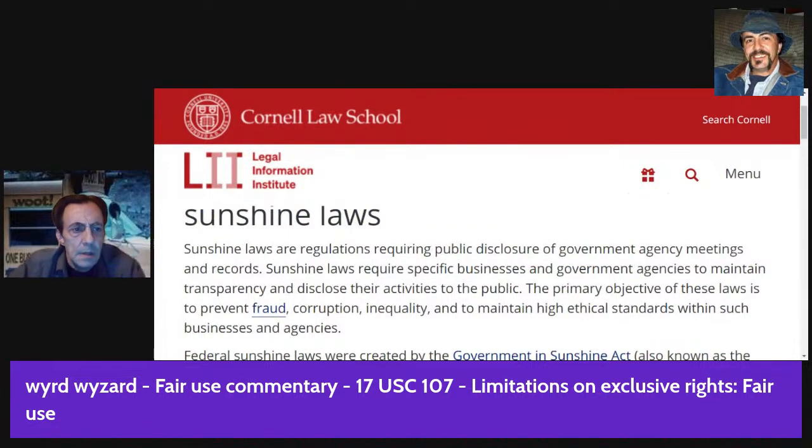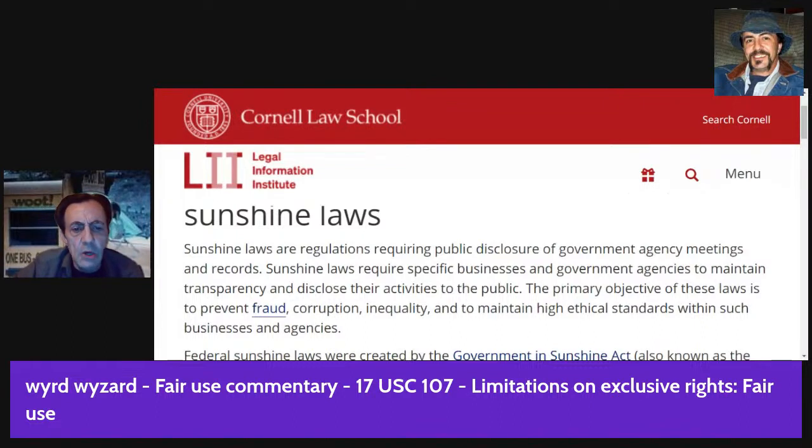The next one is the Government in the Sunshine Act basics, the Information Interchange Bulletin number 17 from the Administrative Conference of the United States. It's an independent federal agency that develops recommendations to improve administrative process and procedure. ACUS also arranges for the interchange of useful information to carry out its mission.